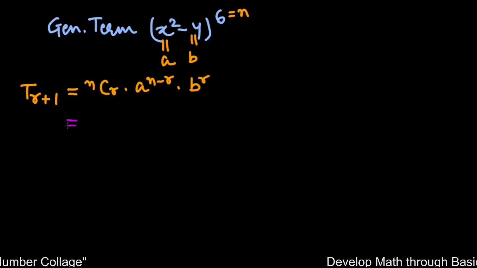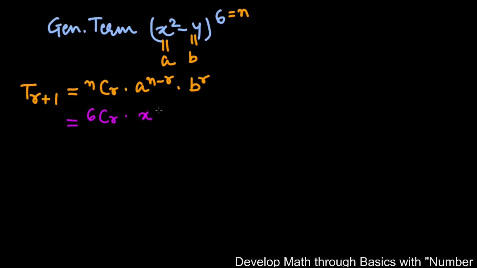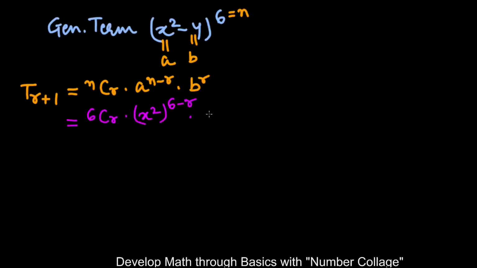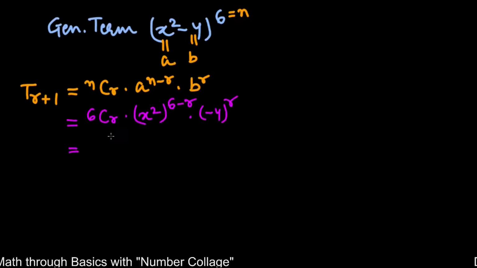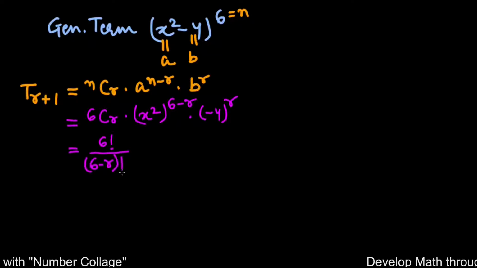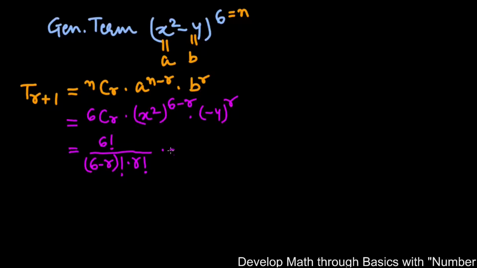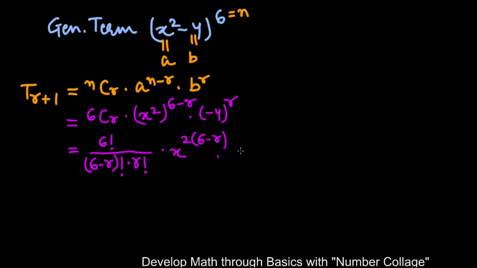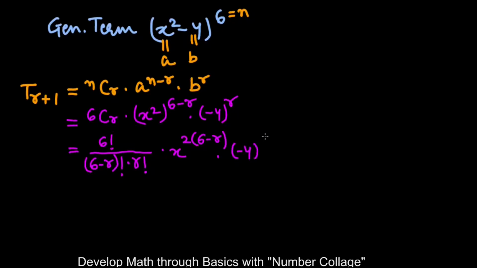It will be 6 c r into x square raised to 6 minus r into minus y raised to r. This will be 6 factorial upon 6 minus r factorial into r factorial multiplied by x raised to 2 times 6 minus r multiplied by minus y raised to r.